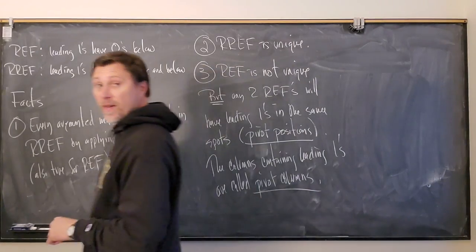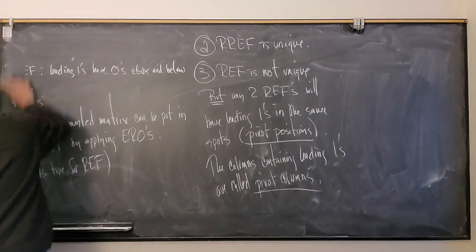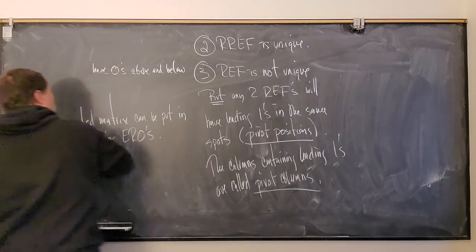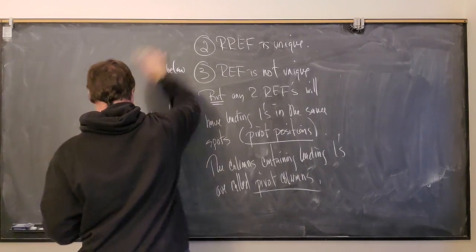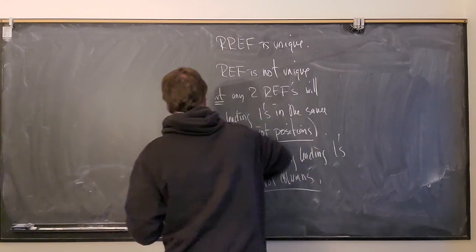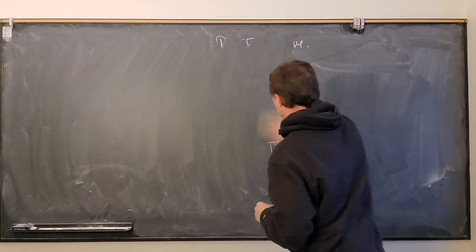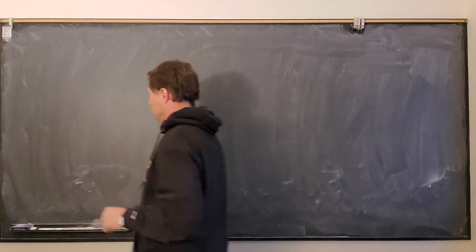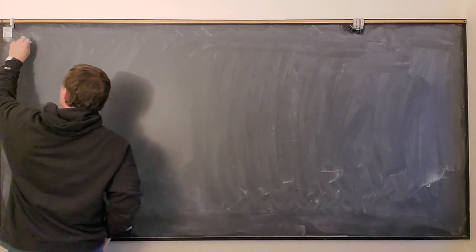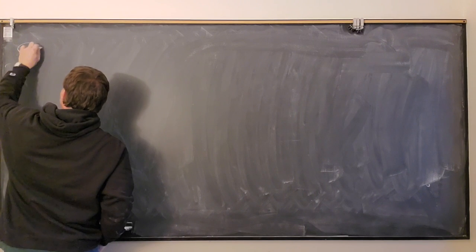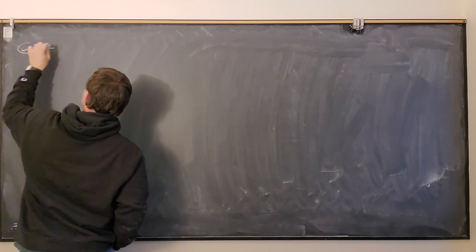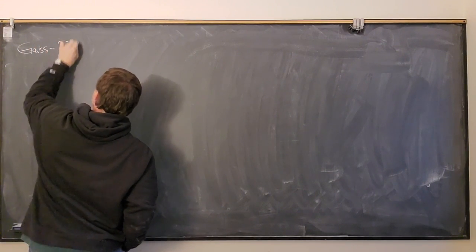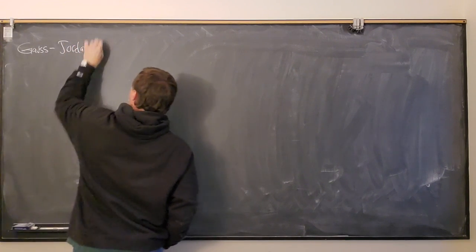Okay, so now we have these facts in place. We can get going on the process of getting a matrix into reduced row echelon form. So that's our goal now. And the process has a name. It's called Gauss-Jordan elimination.